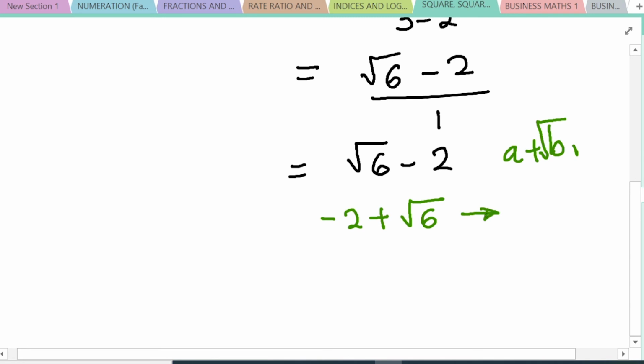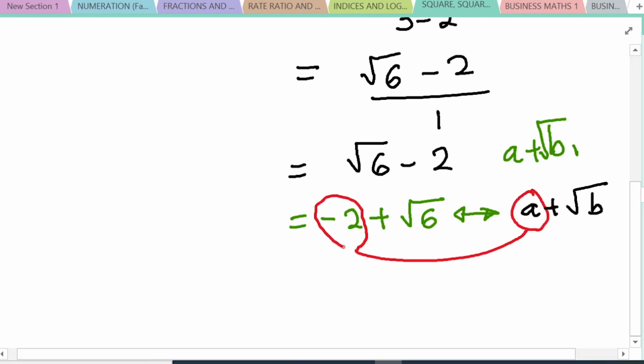If you compare that with a plus the square root of b, you realize that our value of a here is negative 2, and you also realize that our value of b is 6. That's our value of b.